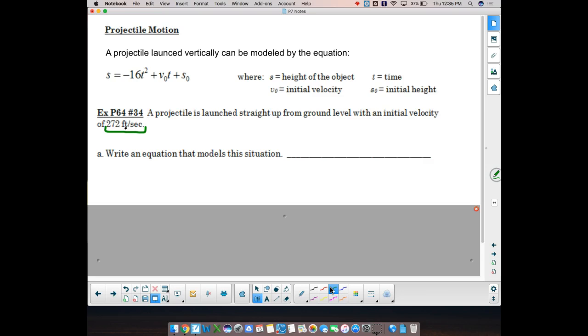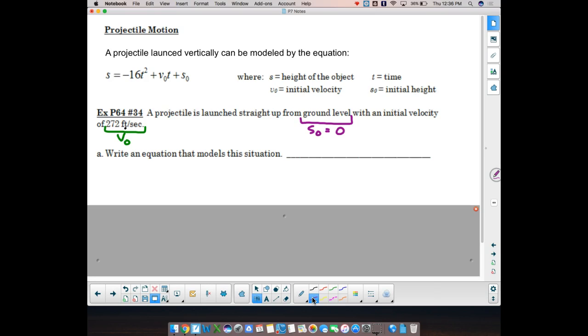It's my initial velocity, which is v sub 0. One more important piece of information: the starting height. It says you're starting from ground level, so my starting height is 0. This is my s sub 0, and that is going to be equal to 0.